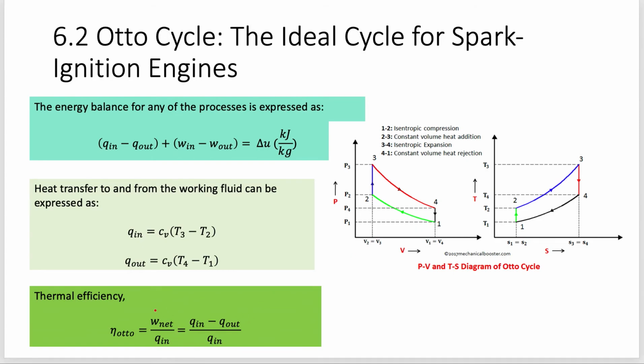For the thermal efficiency, the formula is the same as for the Rankine and Brayton cycles, but in the Otto cycle, we don't have a turbine or compressor. Therefore, we use W net as Q in minus Q out over Q in, which is 1 minus Q out over Q in.